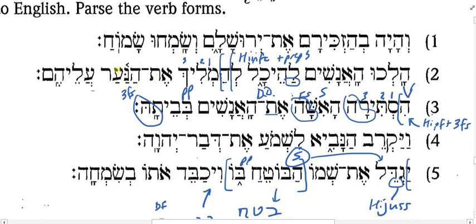Yeah, the lad, the young boy. Alehem. Over them. That's right, over them. That's a 3MP pronominal suffix with the preposition al. Okay, good. So they had a reason for going to the temple, didn't they? All right, great.